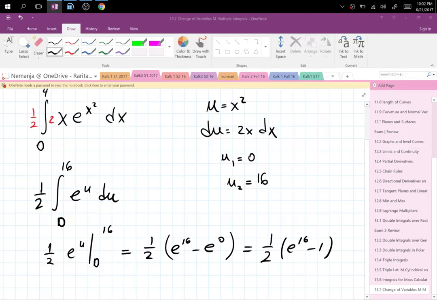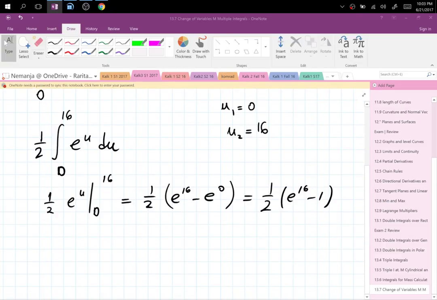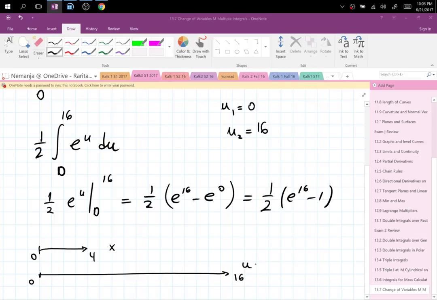How many things did we change? Well, we changed the limits, and we also changed the variables. What you need to understand is that when you have 0 to 4 on the x-axis, we had 0 to 16 on the u-axis.